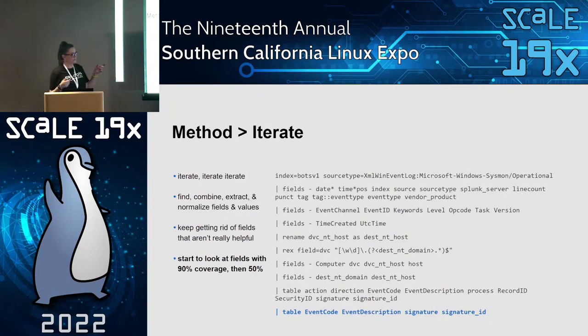Because a lot of times those 100% coverage fields are going to be like the host name, the IP, whatever, but they might not really be the real contextual information about what is occurring in that event data. So you almost always have to go down into 90%, probably 50%. Anything less than 50%, you might actually be building a very specific use case as opposed to a more generic base search that's going to cover your 80%.